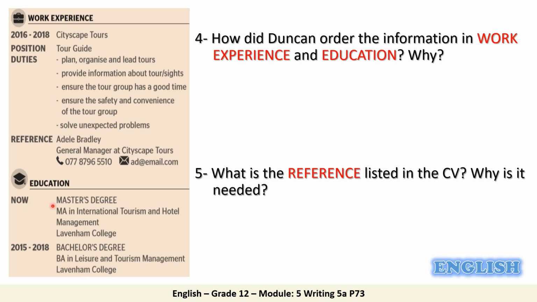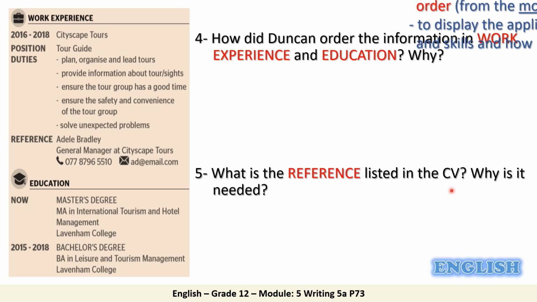Think of this question. And the other question is, what's the reference? This section, reference, listed in the CV, what is it? What does he mean by reference, and why is it needed? Now pause, take your time, and then once you have finished, please continue.